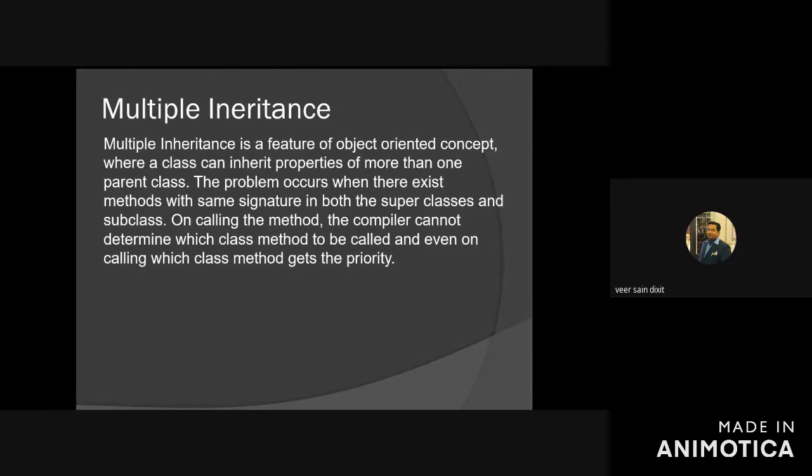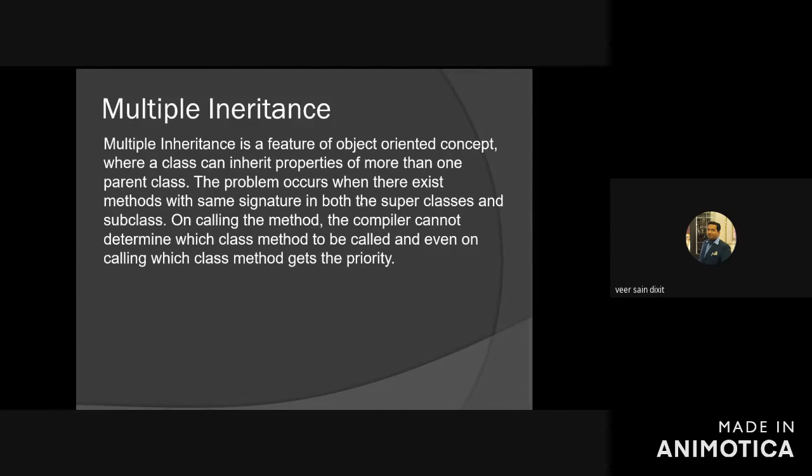And if there is a problem of hybrid inheritance, it will be very difficult for the child subclass to decide which method of the grandparent superclass will be accessed, either from the parent 1 side or the parent 2 side.